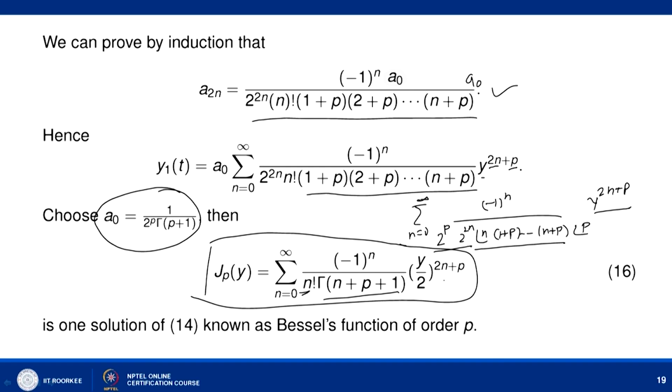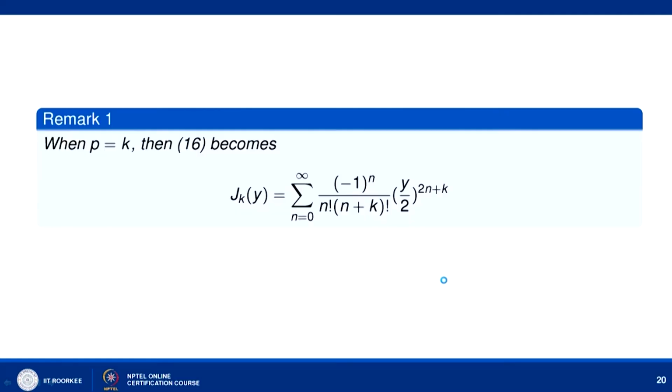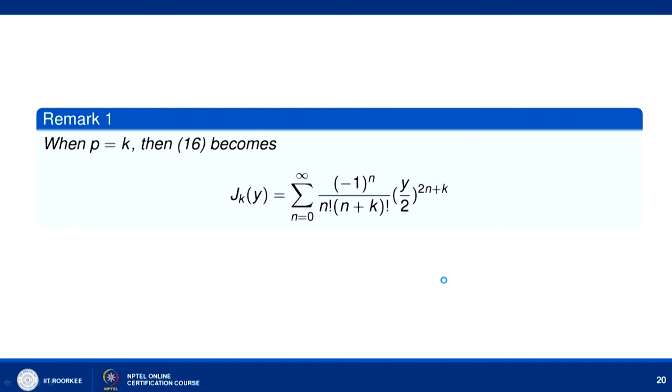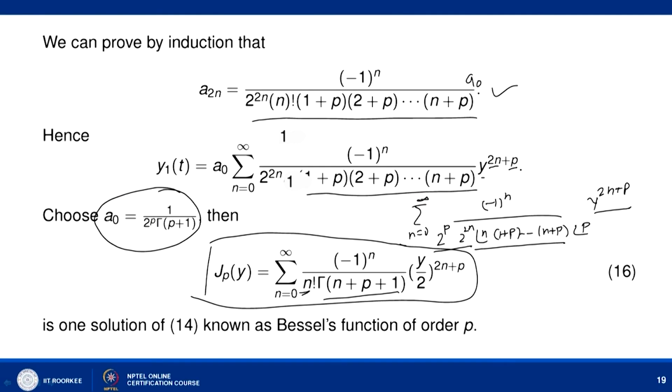Now, look at the other solution corresponding to r2 equal to minus p. We will get the other solution, but before that let us summarize this: when p equal to k, then 16 becomes J_k(y) as summation n equal to 0 to infinity (-1)^n divided by n factorial into (n + k) factorial (y/2)^(2n+k). Please remember here we are writing k as an integer value, but this expression is valid for any real p such that p is greater than 0 and 2p is not equal to 1.